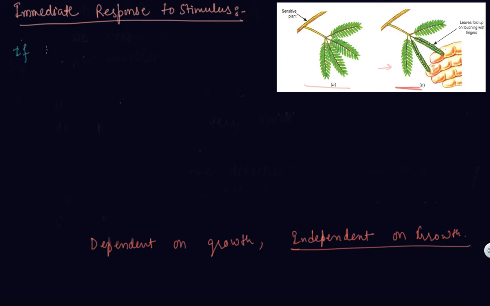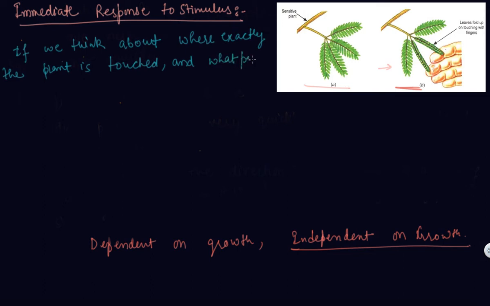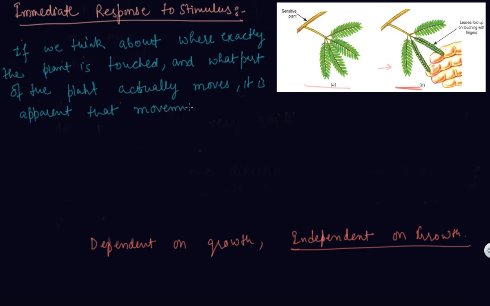If we think about where exactly the plant is touched, and what part of the plant actually moves, it is apparent that movement happens at a point different from the point of touch.